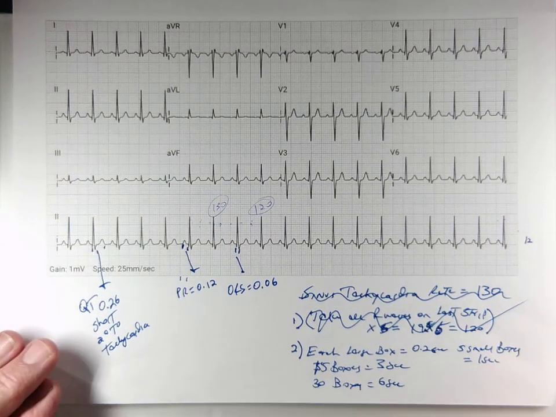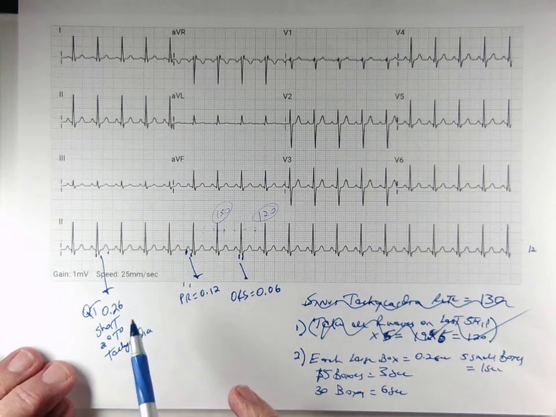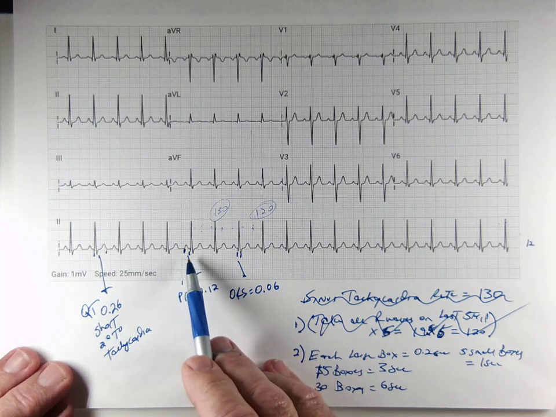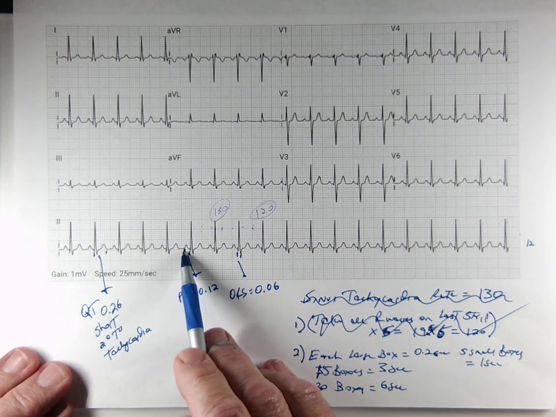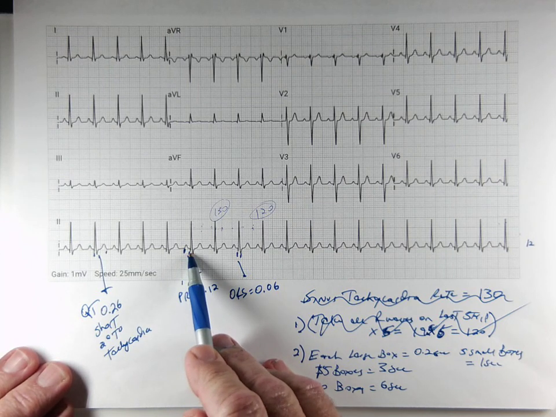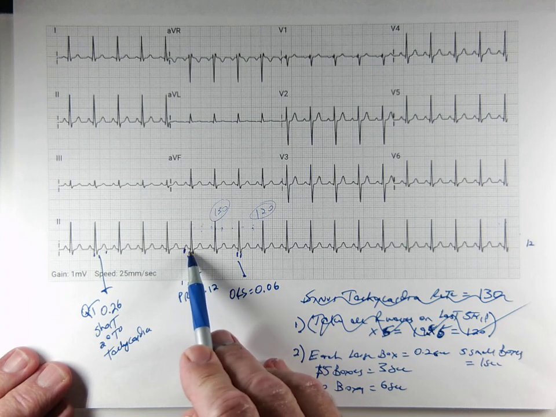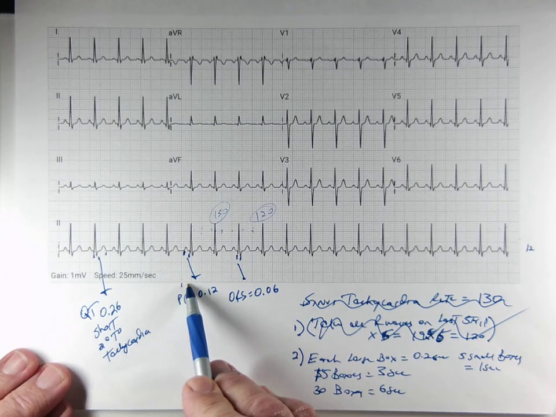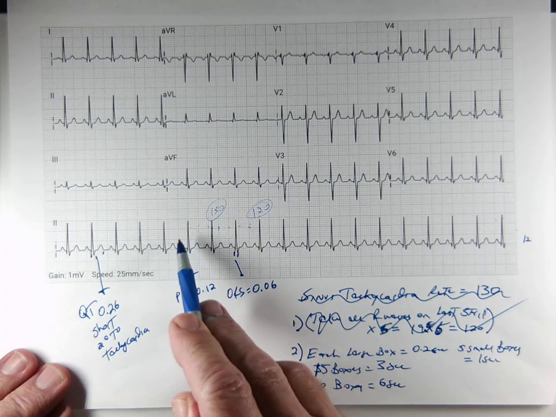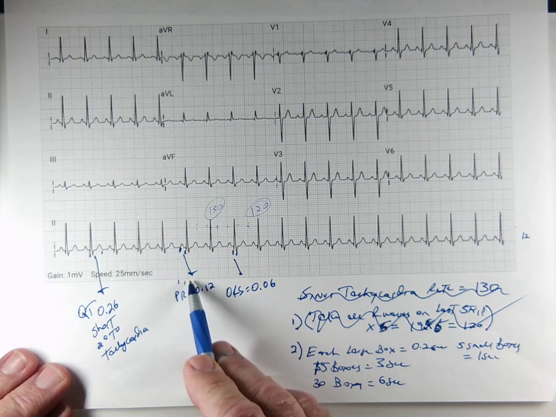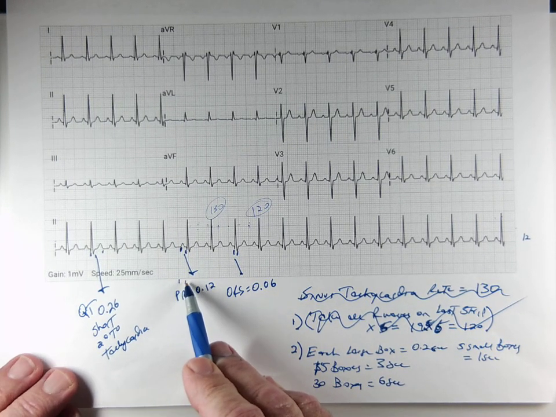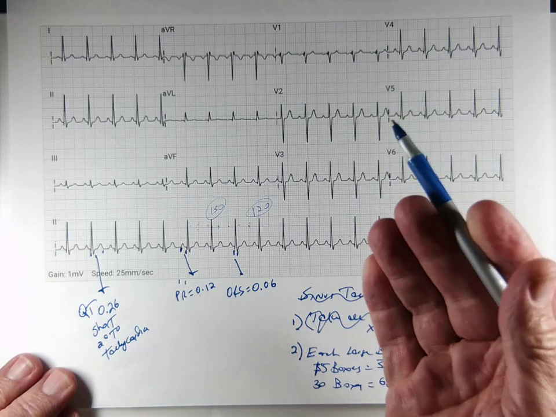Now before we finish this, I'll show you how I did that here. So here is the PR interval. Pen's going to mark a little big, but here's the start of the P wave, the start of the QRS complex. I used my calipers, measured that. I came down there to check it in a clean area so I could see the little boxes. And I ended up with about 3 little boxes, which is 0.12, a normal PR interval.